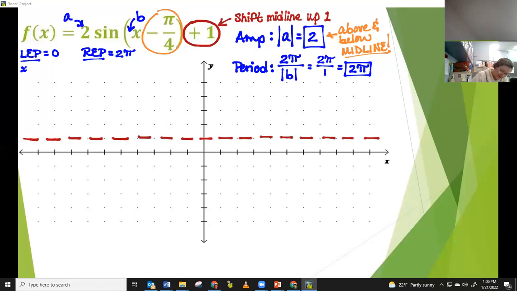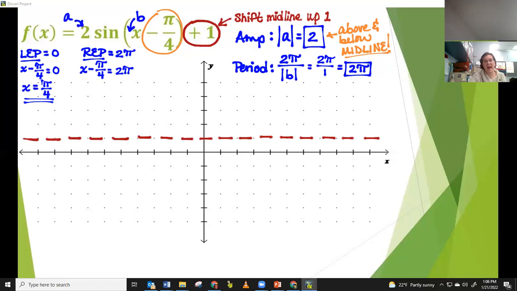So I'm going to take x minus pi over 4. I'm going to set that equal to 0. So then I add pi over 4 to both sides. My left endpoint is just going to be pi over 4. My right endpoint, same basic setup, x minus pi over 4, set that equal to 2 pi.